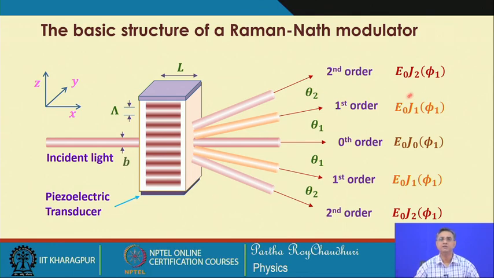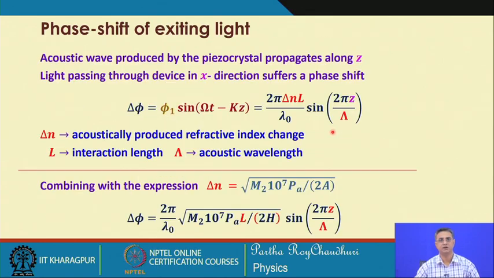Interestingly, the second order is given by E0 multiplied by J2, the first order by E0 multiplied by J1, and for the 0th order E0 J0. So, knowing all these J1, J2 for the value of phi 1, which will be the phase accumulated by the optical wave while travelling this length, we can find the distribution of intensities at the various diffracted orders.